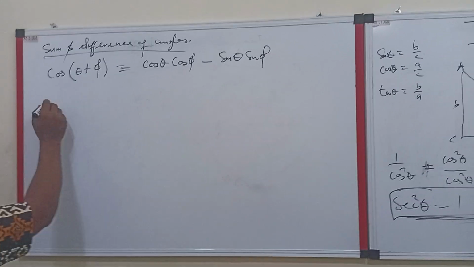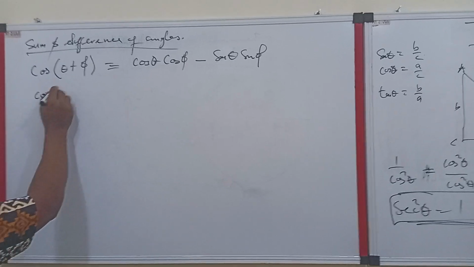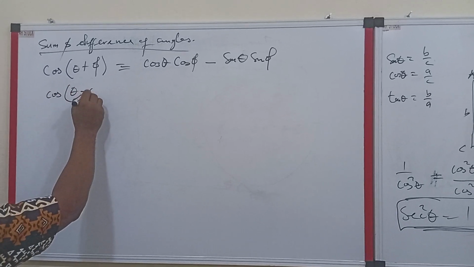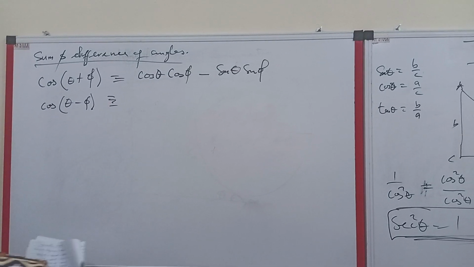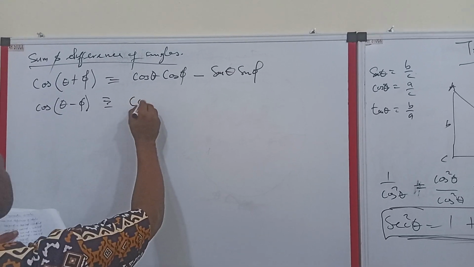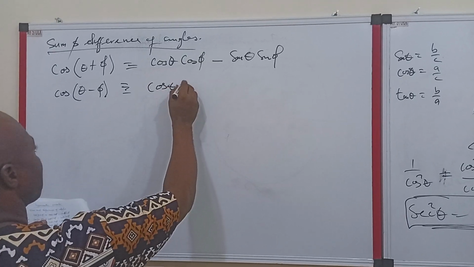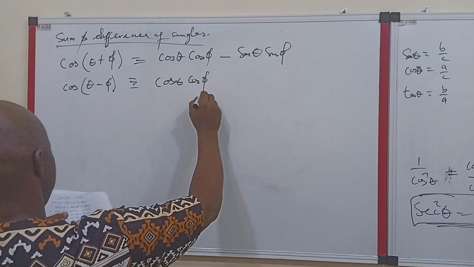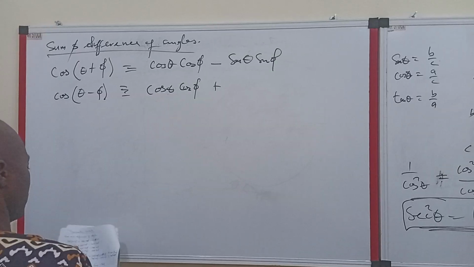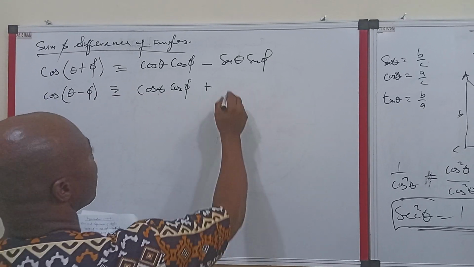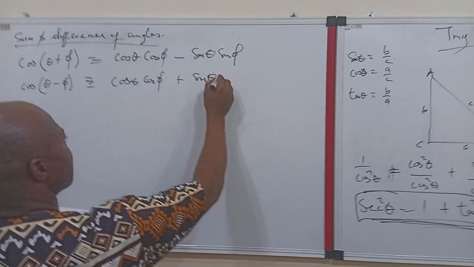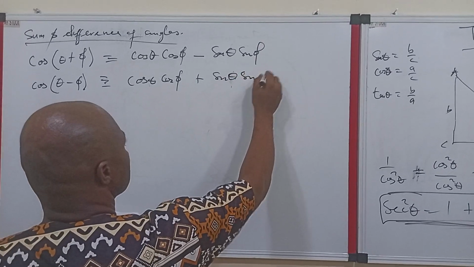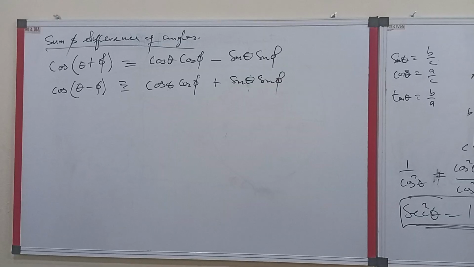Then we also have cos theta minus phi is the same thing as cos theta cos phi plus sine theta sine phi.